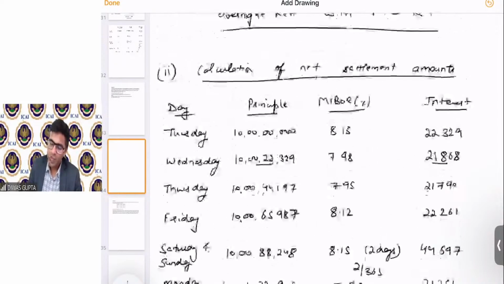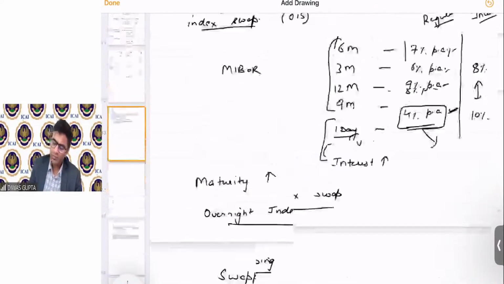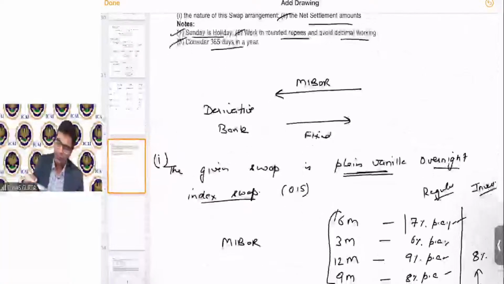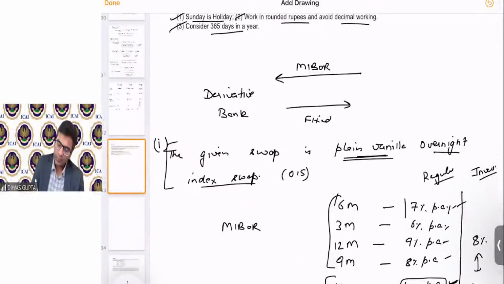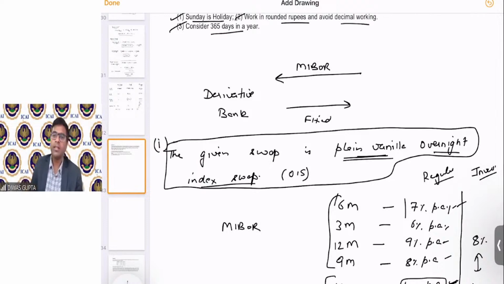So for the first part, this was the answer, the first line only till here. In this box, the answer is there. Rest all I've just put to explain you what is OIS. Okay, it's not part of the answer.